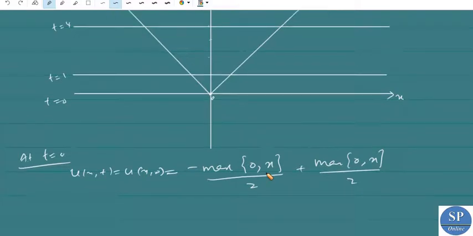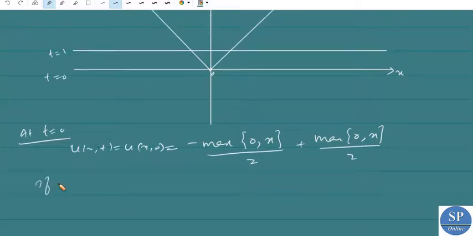If x is less than 0, the maximum is nothing but 0, so this will be 0 and this also 0.